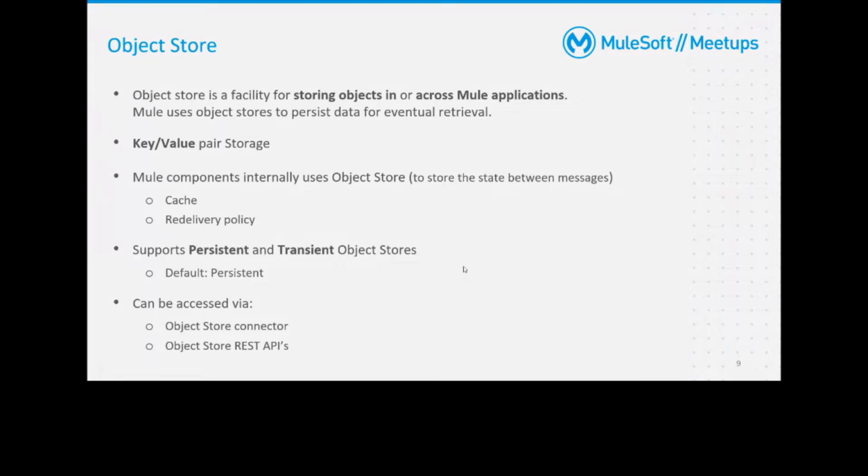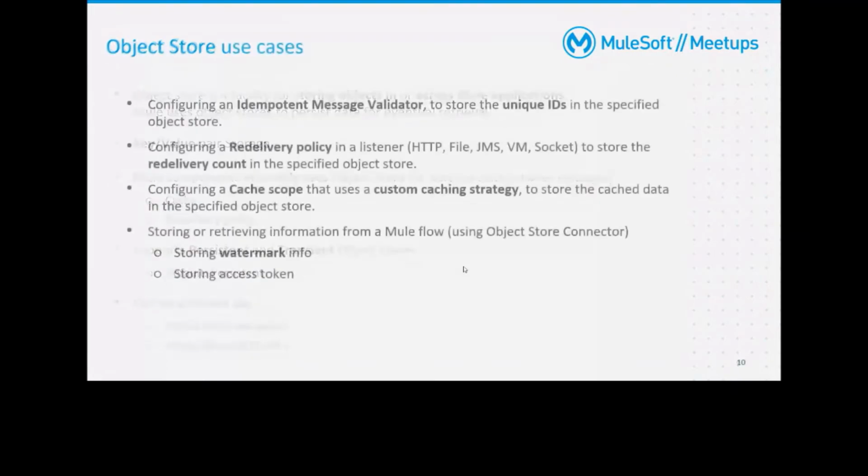There are two different ways we can make use of this object store: using the object store connector and the object store REST APIs. We will dive deeper into when we use connectors and when we use REST APIs in the further slides.